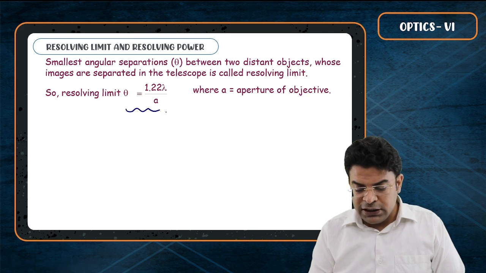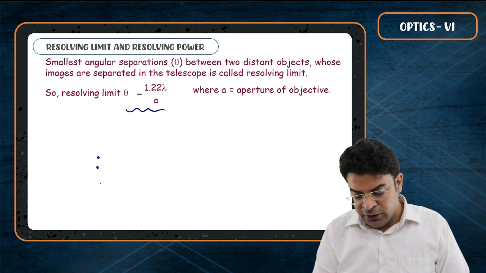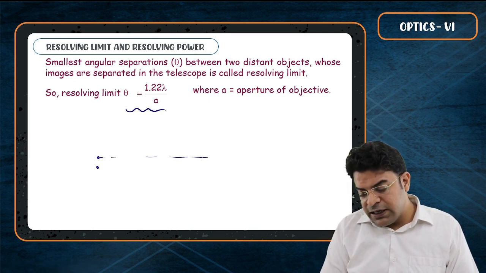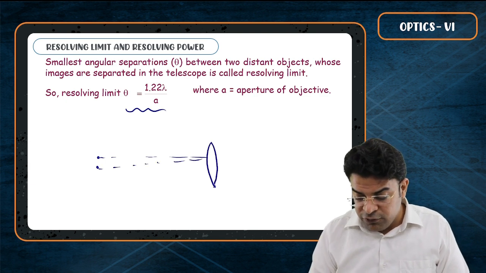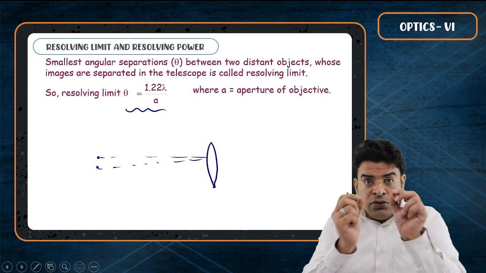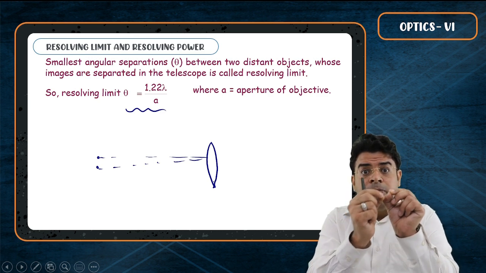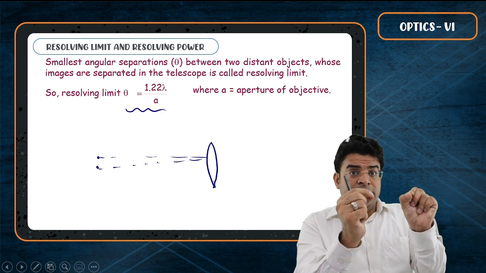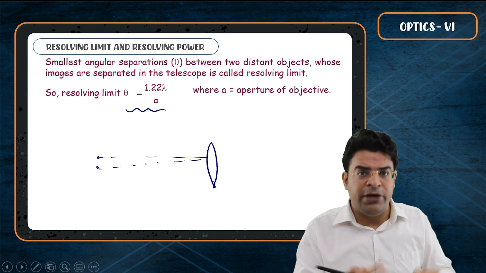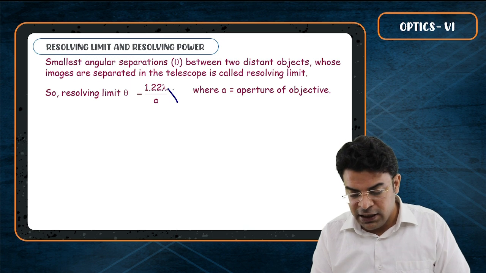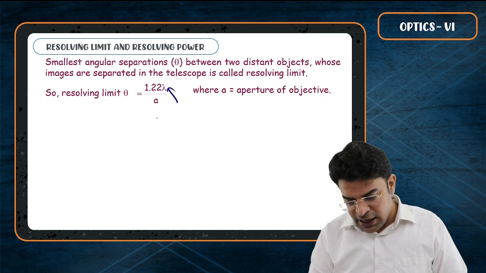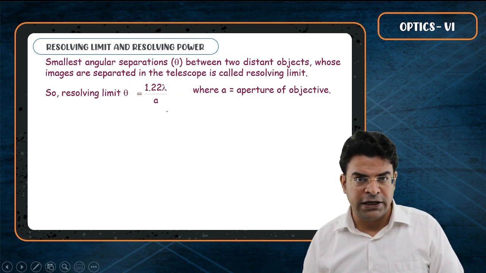So the smallest possible value of angle that two objects can subtend on the objective of a telescope, so that those two objects can be seen as two different objects when we look at the final image, is 1.22 lambda by a.